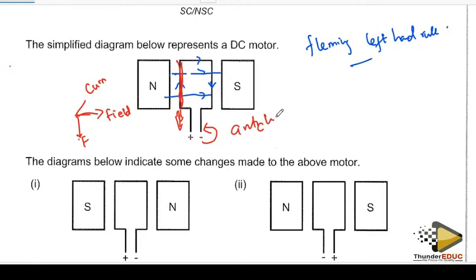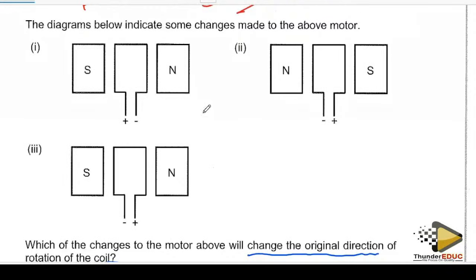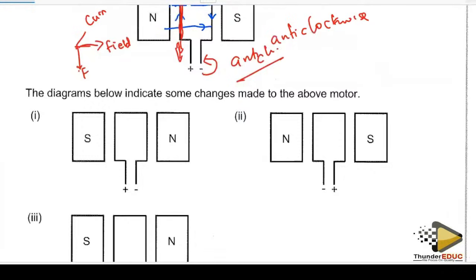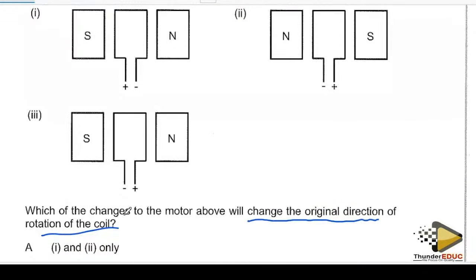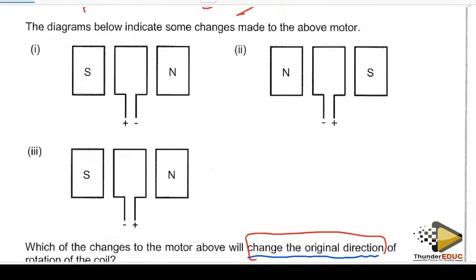So the question is asking which of the given drawings is not going to be anti-clockwise. In other words, which one is going to be clockwise? Changes were made, and if I'm to get the question correct, which of the changes will change the original direction? We want something that's going to create a clockwise direction.